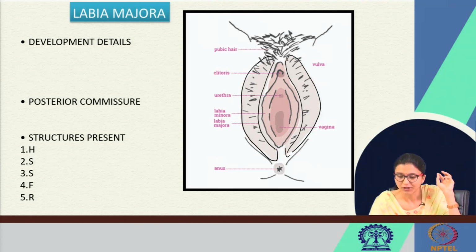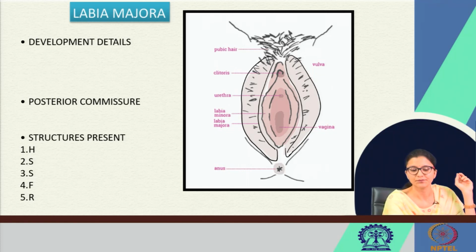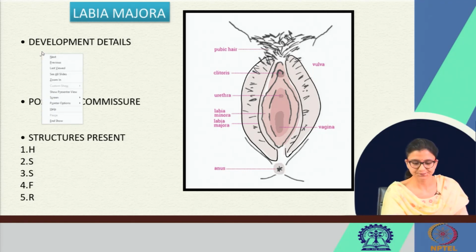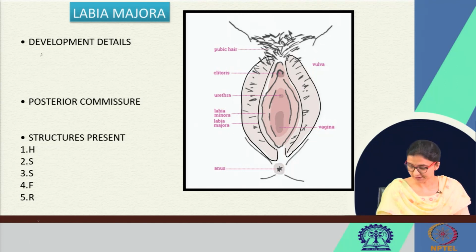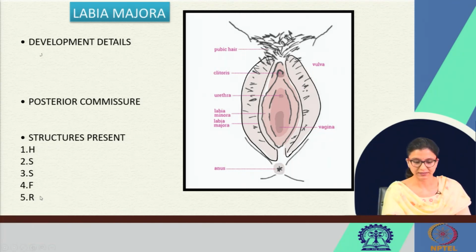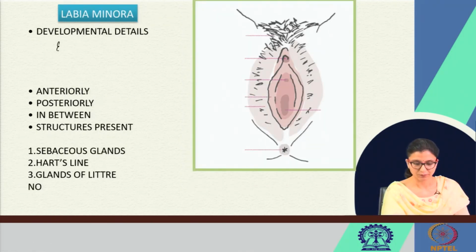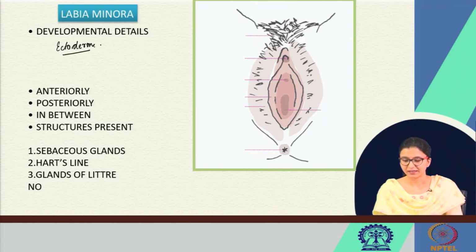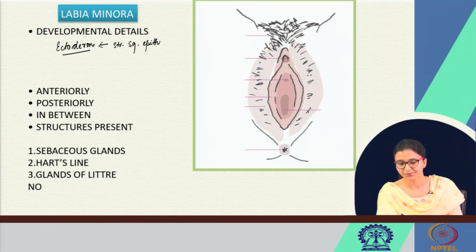This labia majora actually develops from the ectoderm. That means it is lined by stratified squamous epithelium, keratinized.